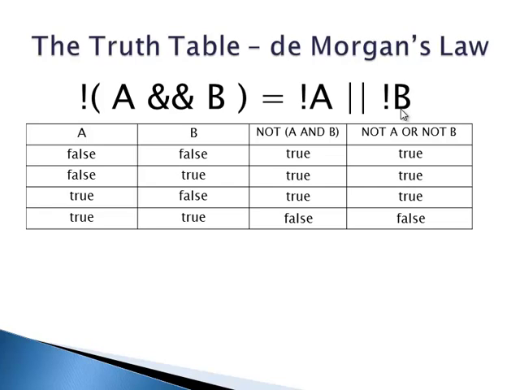You still need to prove it in a truth table or a logical circumstance, but it's not very difficult to do, especially with the truth table, because the truth table doesn't lie. It comes along and says, all right, I've got A is false, B is false. What does that mean? I have a not A or not B. What does that mean? And so you can prove that with the truth table because it doesn't lie.